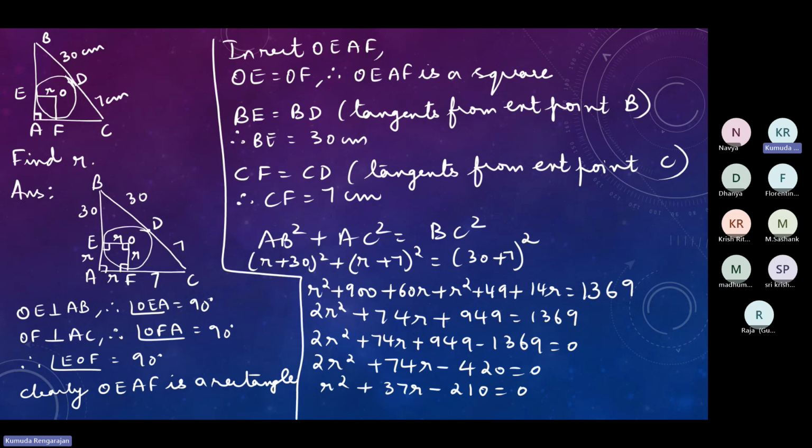No, children. 30 and 7, you cannot fix the signs to get minus 210 and plus 37. 30 into 7 is 210, but you need to get minus 210 and plus 37. So tell me, how is that possible with 30 and 7?